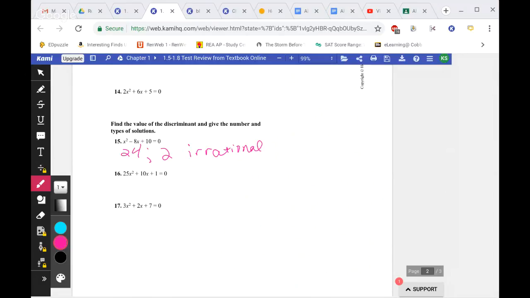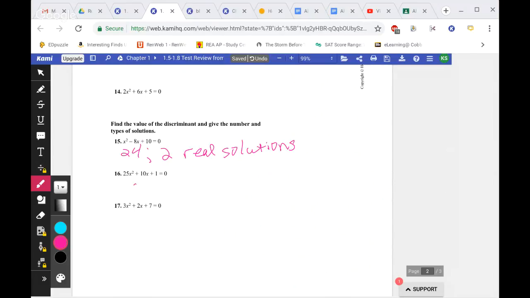That's not what I'm looking for, because that means absolutely nothing to me. I understand that the square root of 24 is irrational, but what I'm looking for is that it's two real solutions. You know what I'm saying? Because even though it's an irrational number, it's still a real solution, and it's still going to cross the x-axis.